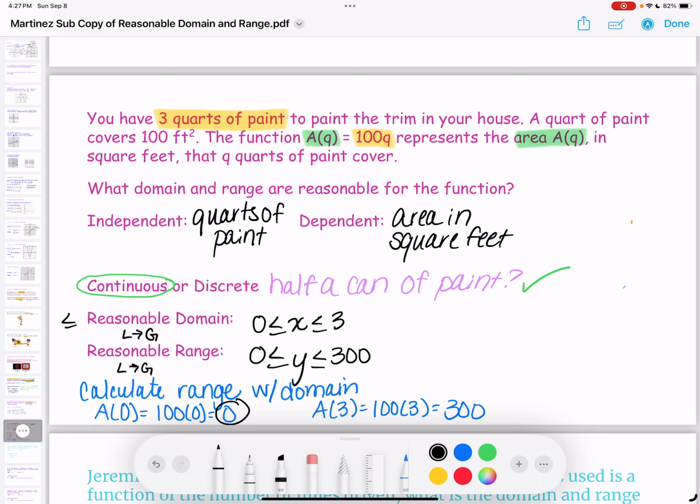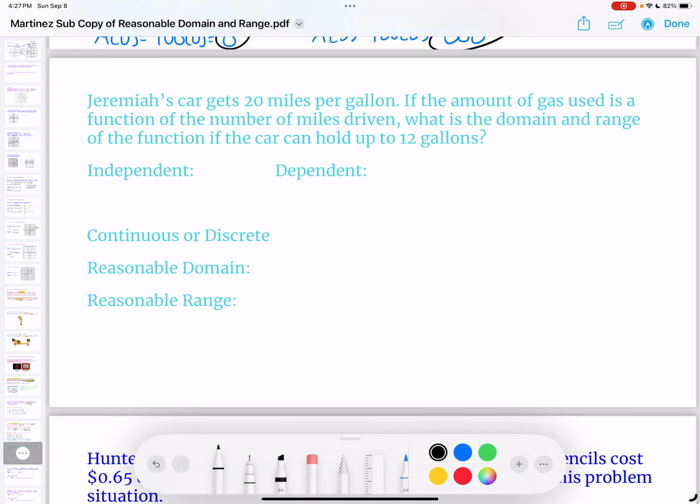So Jeremiah's car gets 20 miles per gallon. If the amount of gas used is a function of the number of miles driven, what is the domain and range of the function? So let's take a look. First we want to figure out what's independent and what is dependent. Already up here, I can see miles per gallon.